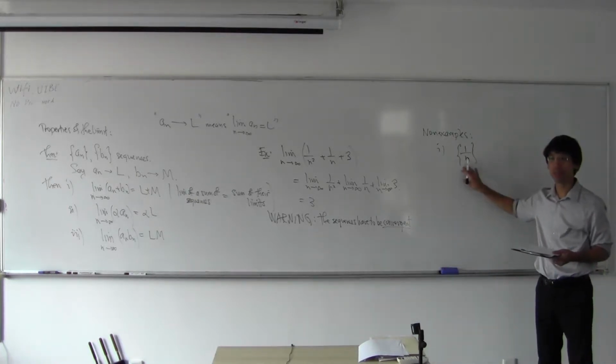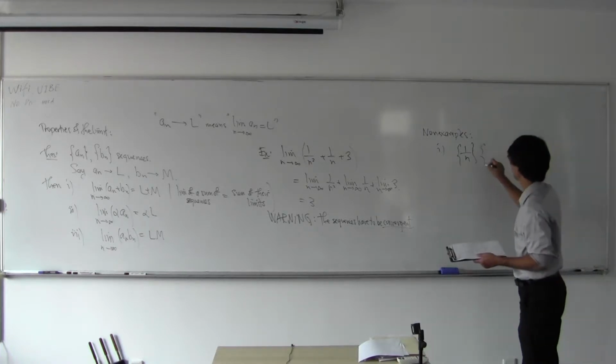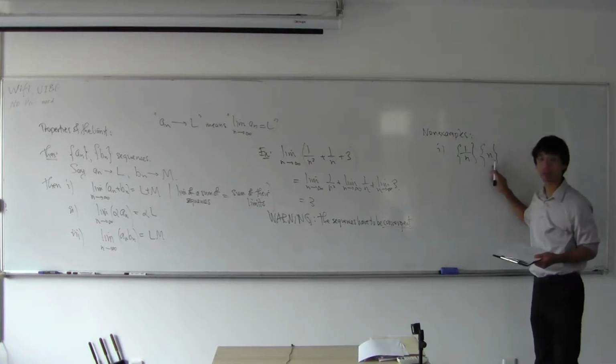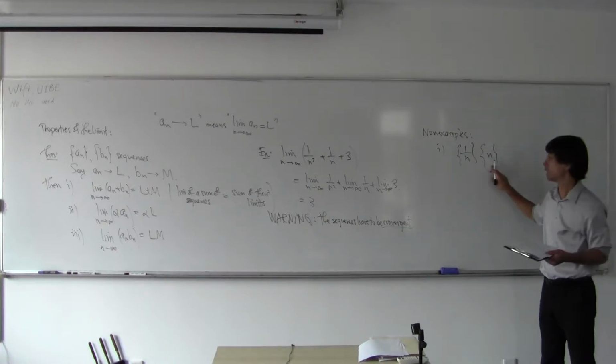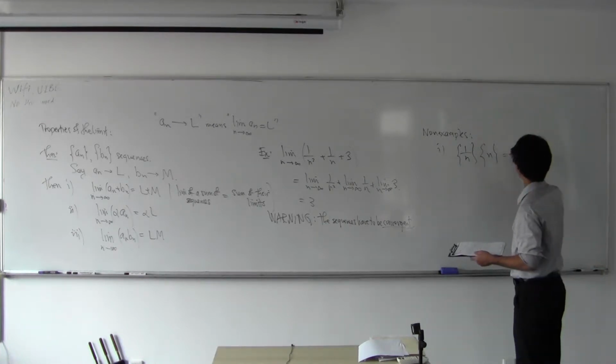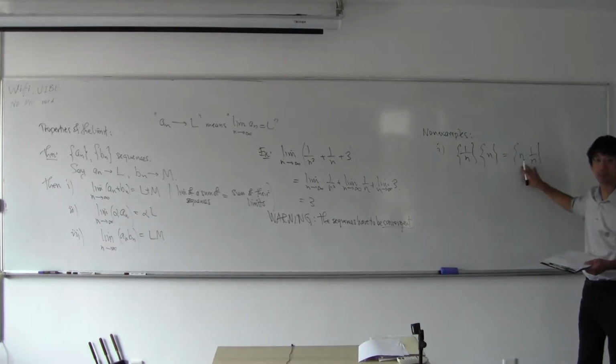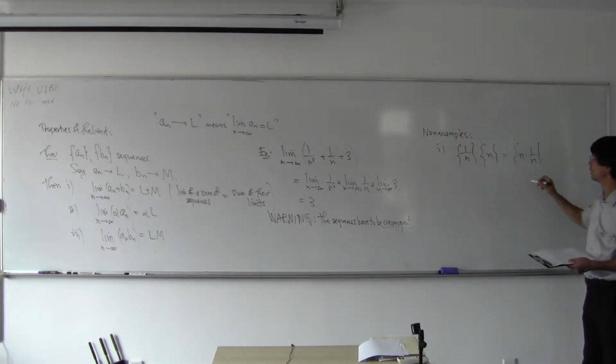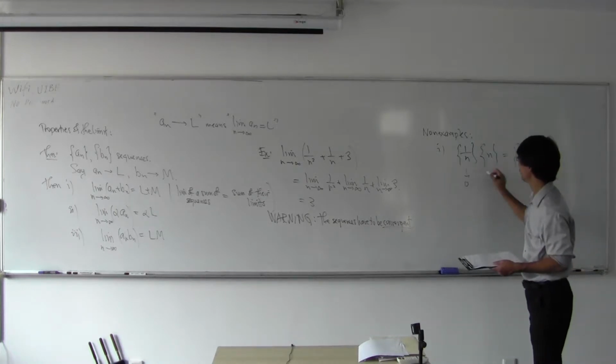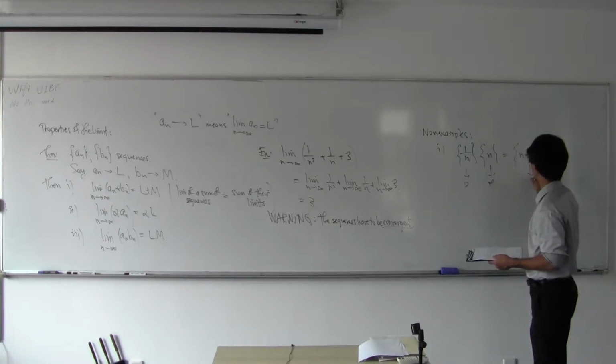What's the limit of this sequence? 0. Okay. Here's another sequence. What's the limit of this sequence? Infinity. Okay. But if I look at the product, what's the limit of this sequence? 1. Right? The limit of this one is 0. The limit of this one is infinity. The limit of this one is 1.